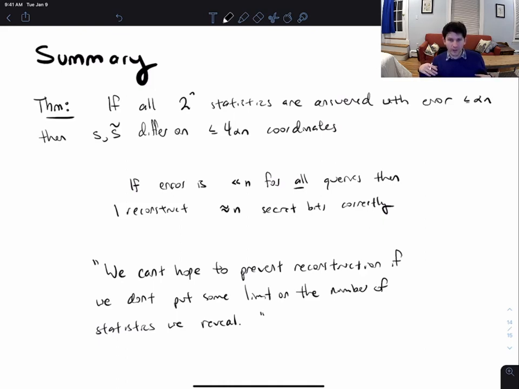But what we'll pay for that is they'll need answers that are significantly more accurate. So we won't be able to reconstruct if the error is as large as, say, n over 100. We'll only be able to reconstruct when the error is somewhat smaller, about root n. And that number is going to have a fundamental interpretation as to why. So that's it for this lecture, and I will see you in class.